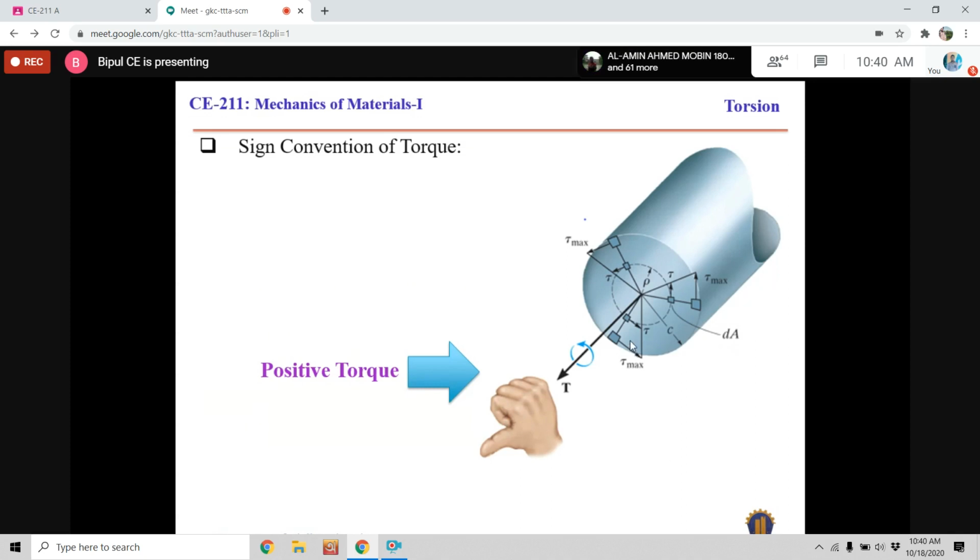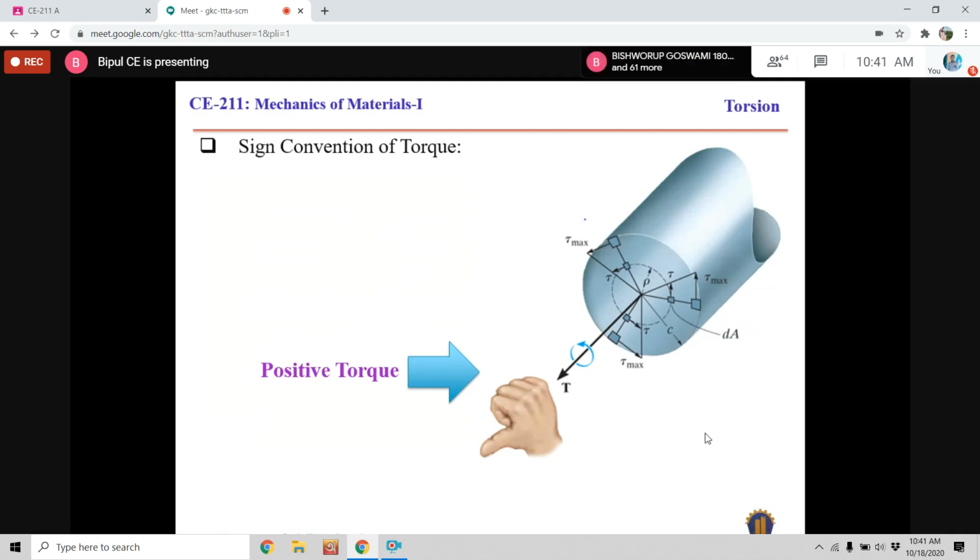So look at the figure. The thumb is going away from the surface, and the curling direction of the fingers is along the anti-clockwise direction. If we apply this type of torque to this structure, the rotation will be along the curling direction of the fingers, and this is known as positive torque, and the reverse will be negative torque.